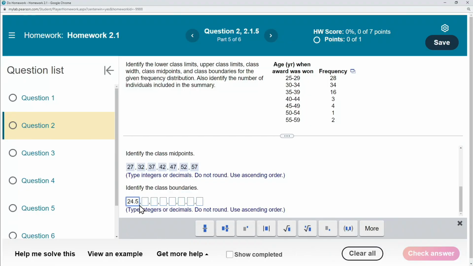Okay, so let's start. 24.5 plus 5 will give us our second class boundary, which is 29.5. Okay, and then we'll just keep adding that class width of 5 to get all the rest of these. So 29.5 plus 5 is 34.5.